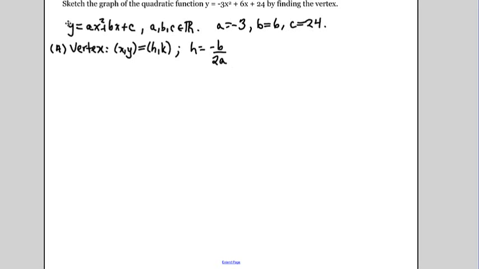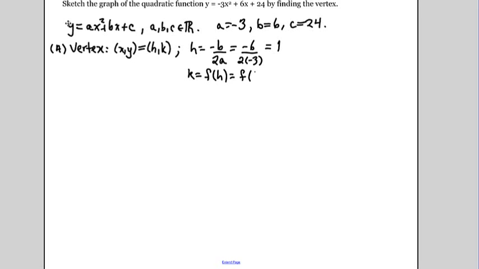And k equals f at h. Since we know a equals negative 3 and b equals 6, we can substitute these values. After simplifying, we get h equals 1.